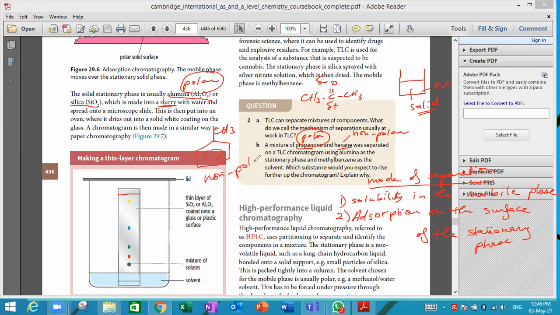All of it contains hydrogen and carbons. And this means that the methyl benzene solvent is non-polar. So hexane, which is also non-polar, will move with the non-polar solvent. But propanone, which is polar, will stick or be adsorbed on the polar alumina. Oh, okay, fine. Yes, I got it.